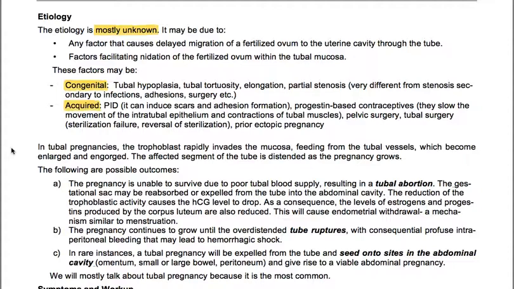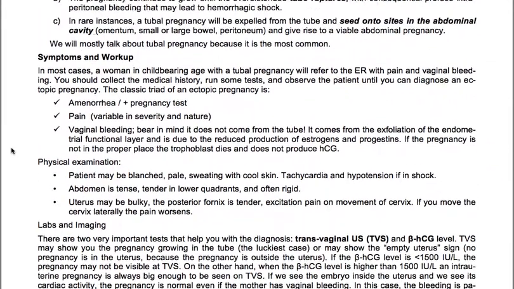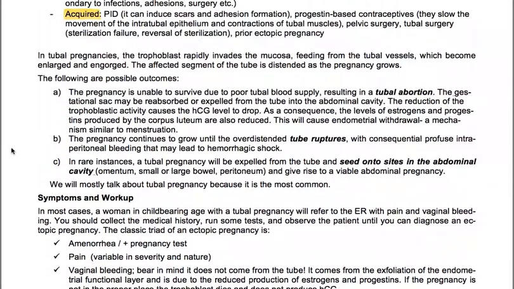We will mostly talk about tubal pregnancy because it's the most common. To repeat, the possible outcomes are tubal abortion, tubal rupture, or seeding onto sites in the abdominal cavity.